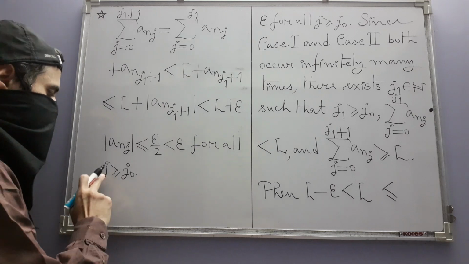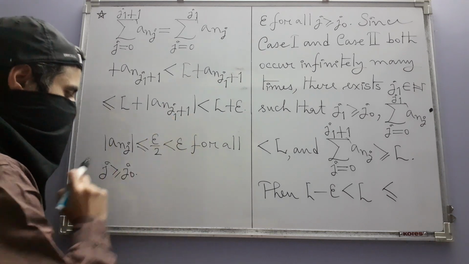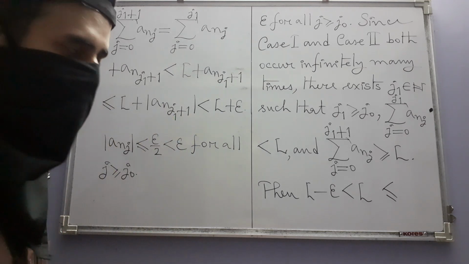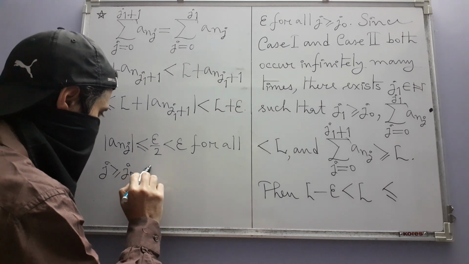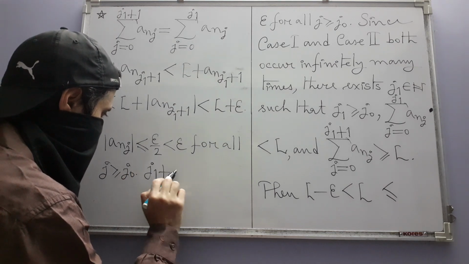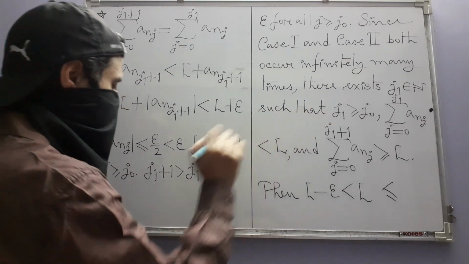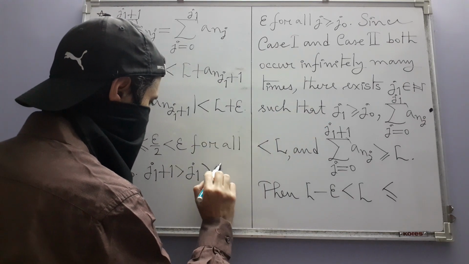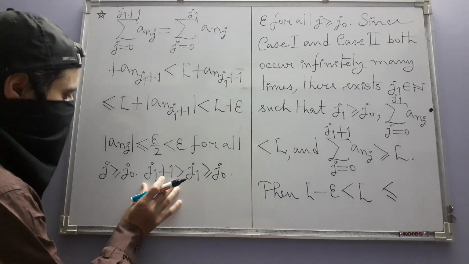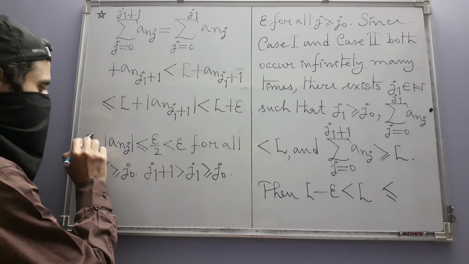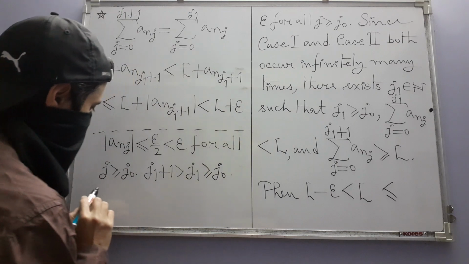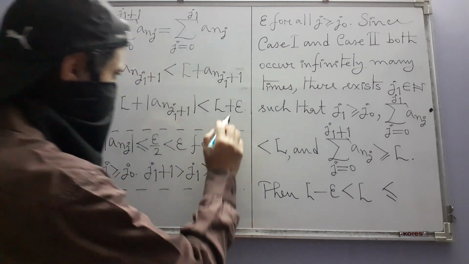Now can you choose j1 plus 1 in place of j? Yes, you can. Let's see why. j1 plus 1 is greater than j1 and j1 is greater than or equal to j naught. So this choice can be made in place of j. And that's why this is justified.